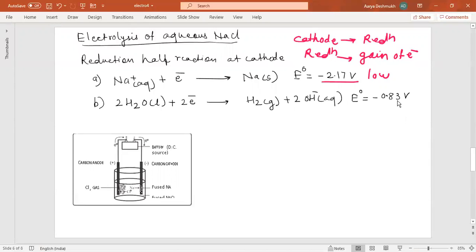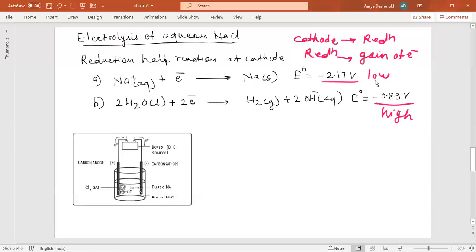Now the reduction potential, meaning the potential developed by this half cell at this particular electrode where reduction is happening, will have a higher value than the above reaction. So this is the lower one and this is the higher one. The standard reduction potential for the reduction of water is higher than that for the reduction of sodium. You can see here, this is the higher one, this is the comparatively lower value.